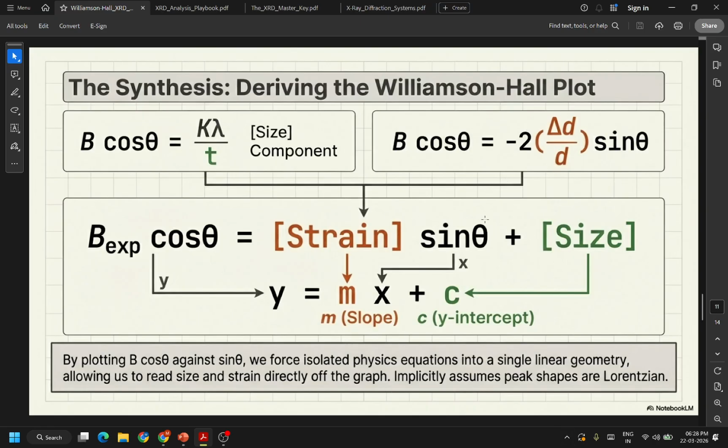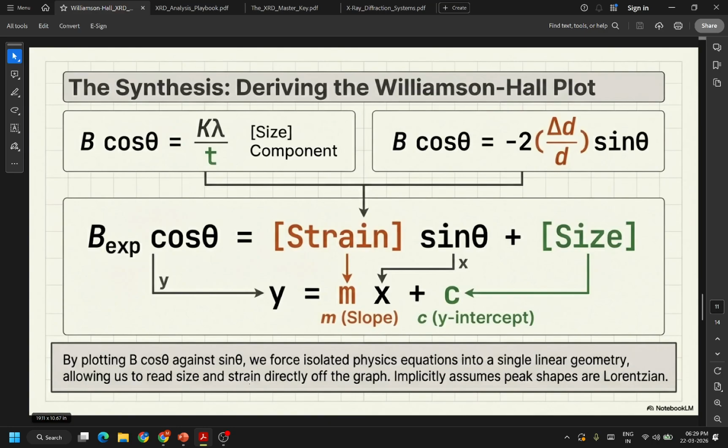Since your size component does not depend on sine theta, that will just be a constant, and your strain value will come into the slope. So it should give you a line y equals mx plus c, where y is your B cos theta, x is your sine theta, m is your slope which gives out the strain value, and c is your y-intercept which gives out your size component.